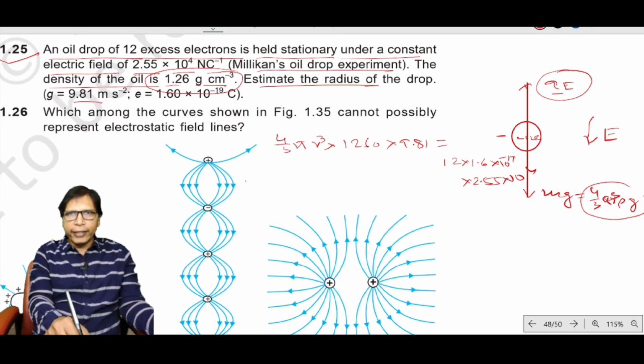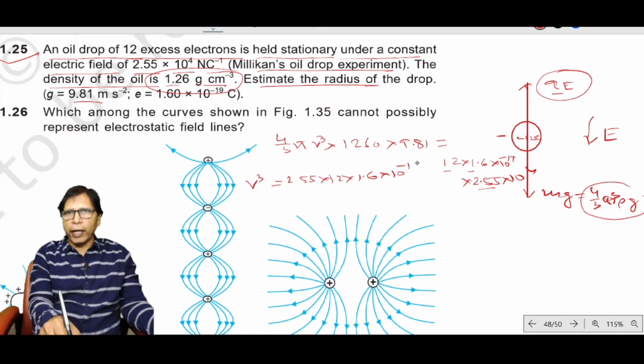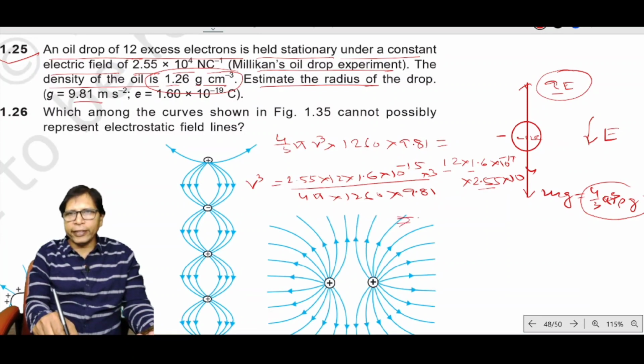So r cubed equals 2.55 into 12 into 1.6 into 10 to the power minus 15, whole divided by 4 pi into 1260 into 9.81, and this is times 3. So r cubed equals 9.46 into 10 to the power minus 12.